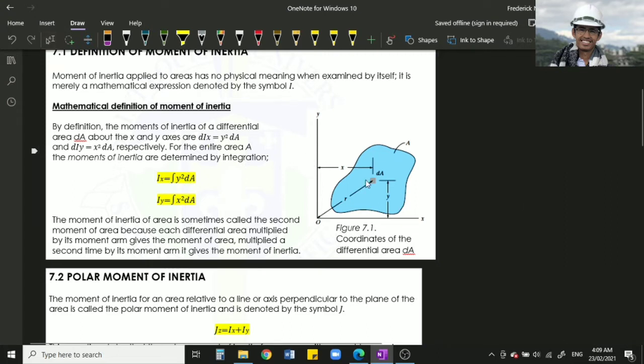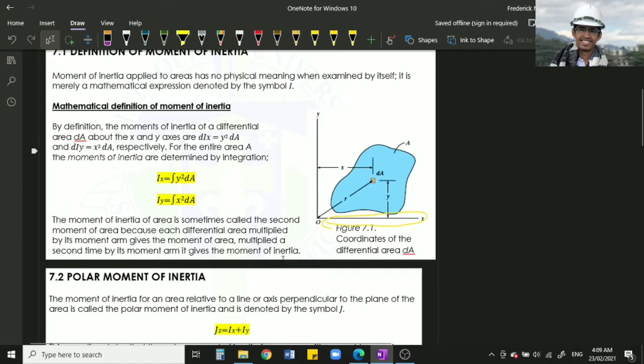With respect to the x-axis tayo, so that will be dA multiplied by the square of our perpendicular distance, which is y. Ganon din for the Iy, so ang perpendicular distance niya is x squared times the differential area.